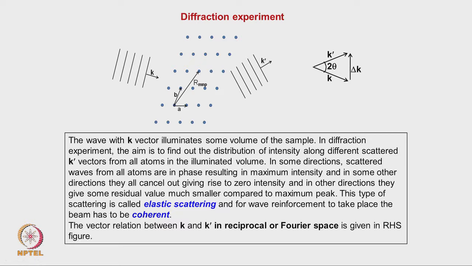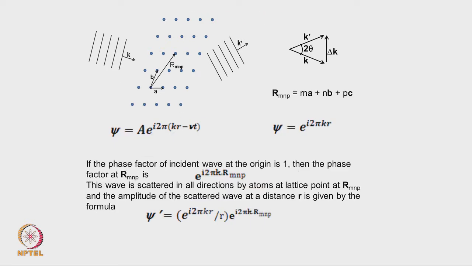So, this scattering we call an elastic scattering because there is no loss of energy. The incident wave and the scattered wave, the wavelength has not changed, no energy is lost and it is coherent. So, let us consider this particular case. If it is being scattered from here, at a distance r, what will be its amplitude?